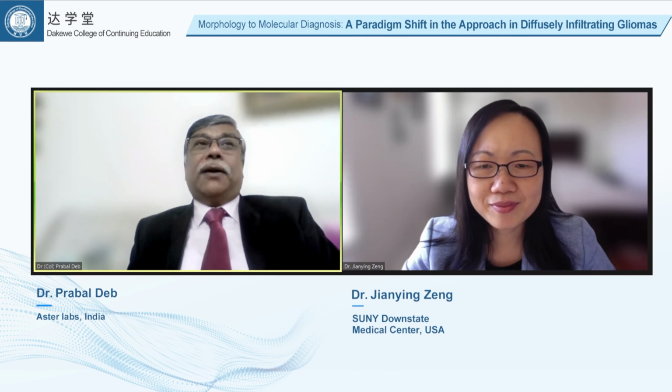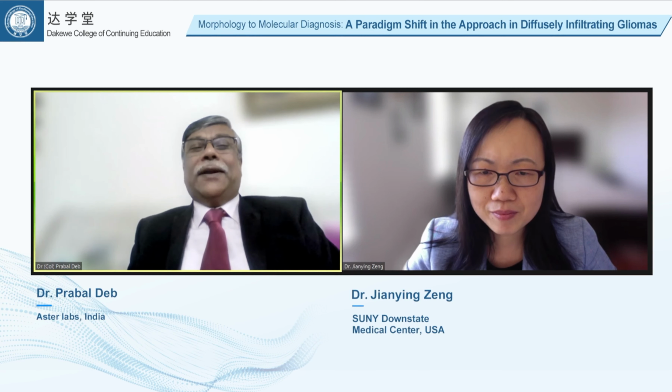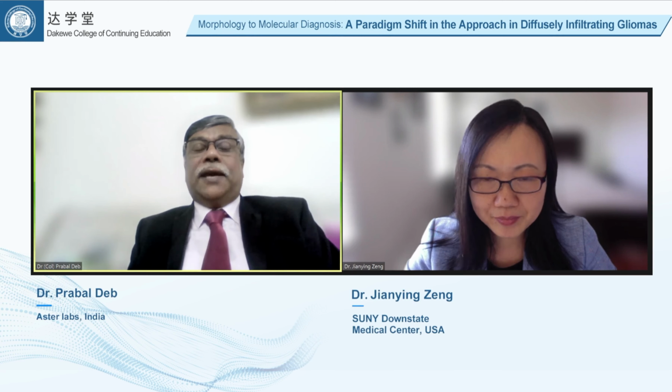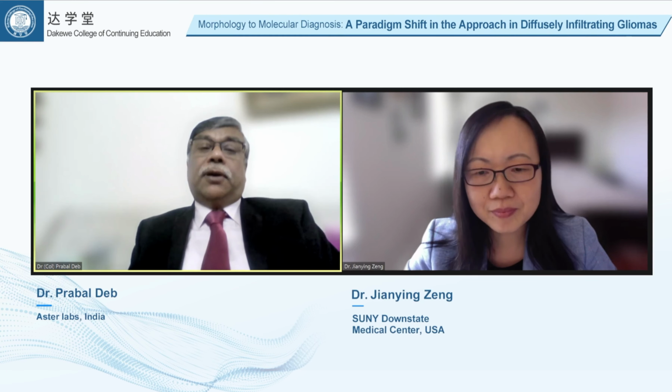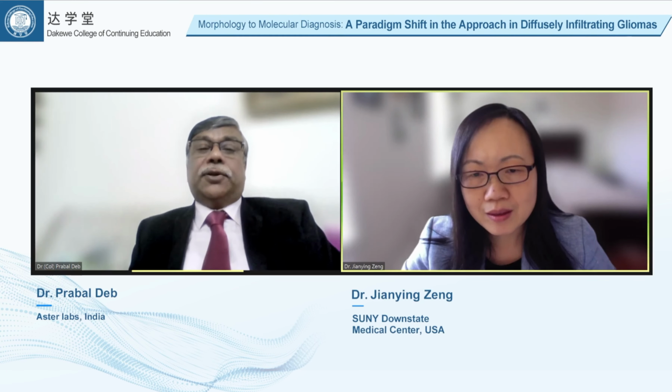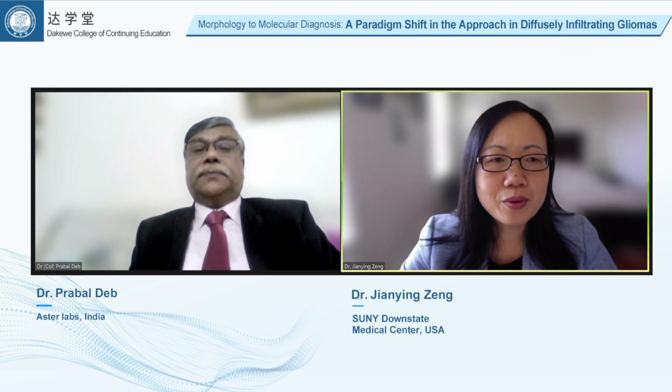That is why WHO has been coming up once every 10 years. But after 2016, in 2021, the next one, CNS5, came in 5 years. There is so much development happening in neuropathology, it's really very fast paced. Too many things happening, actually. Exactly.